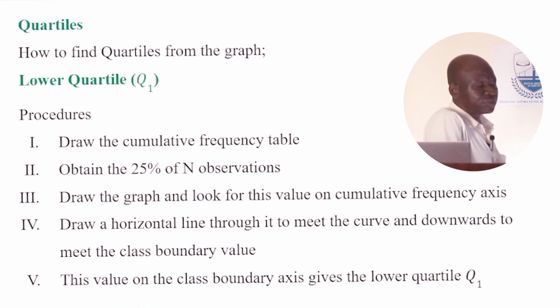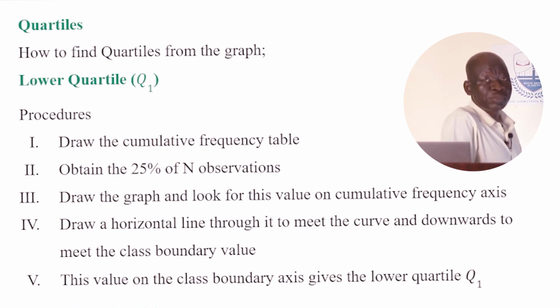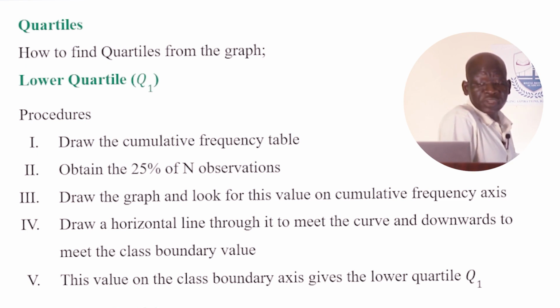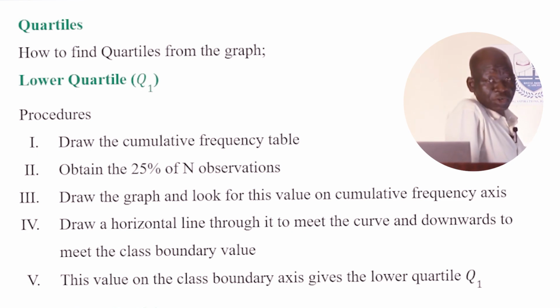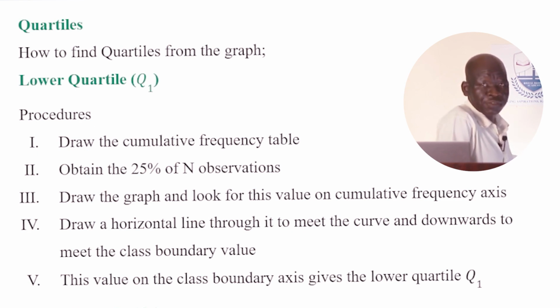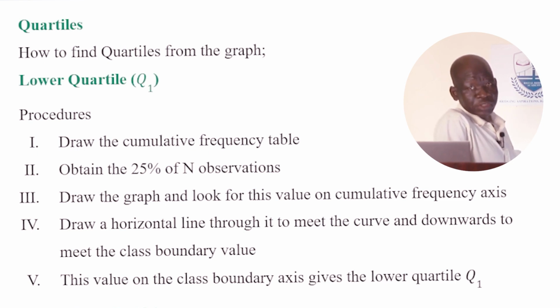After drawing the cumulative frequency table, we obtain 25% of the n observation. In this case, n represents the total frequency. So it means we get 25% of the total frequency.